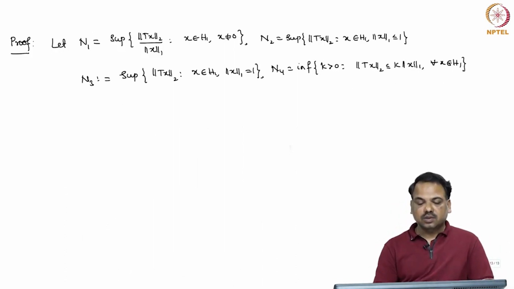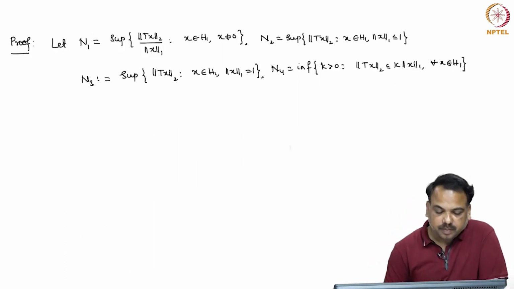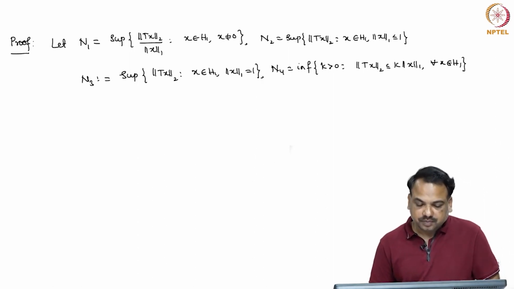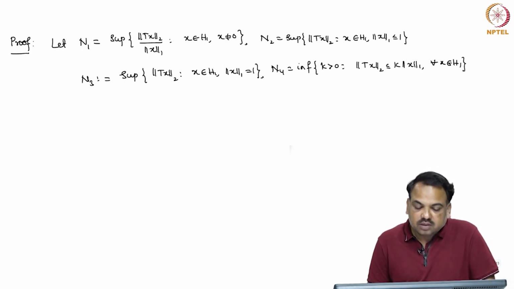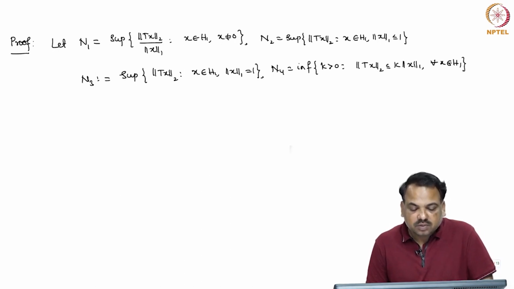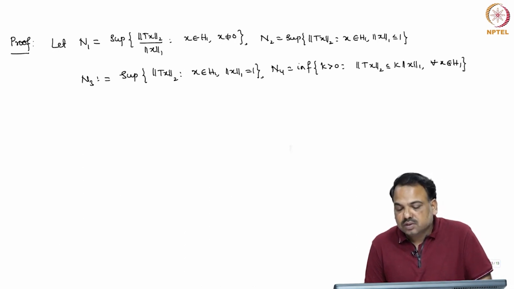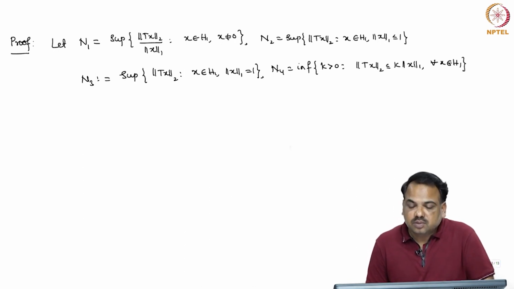Okay, so let us try to look at the proof of this one. Now, if you look at n2 and n3, n3 is the supremum over a smaller set, the supremum over the image of the unit sphere under T, and n2 is the supremum over the image of the closed unit ball.